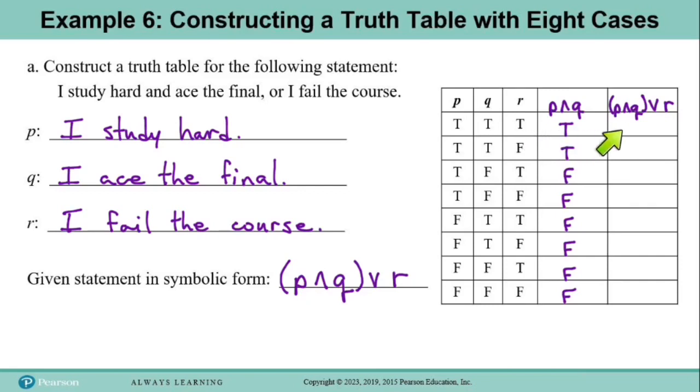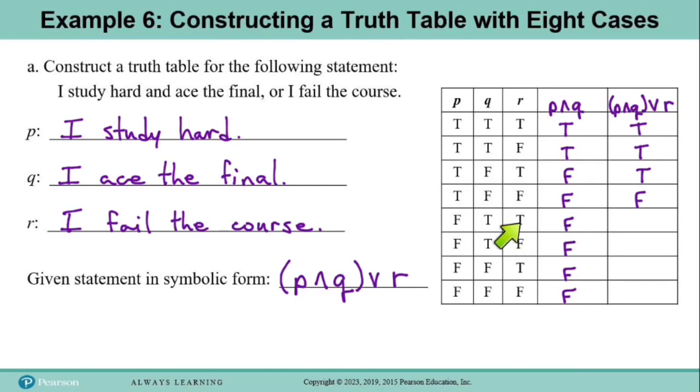So right here on the first line, both components are true, so that's true. On the second line, we have a false and a true. So one of the components is true, so the overall statement is true. Third line, one of the components is true, so the overall statement is true. Fourth line, both components are false, so the overall statement is false.